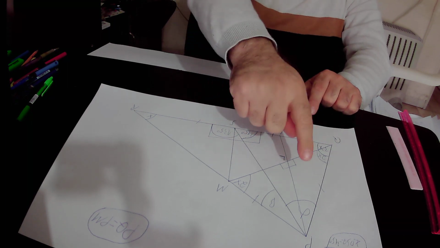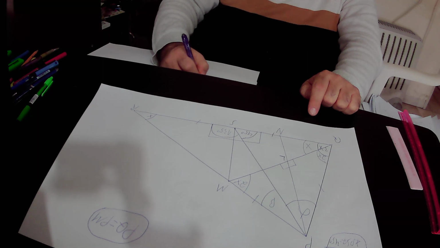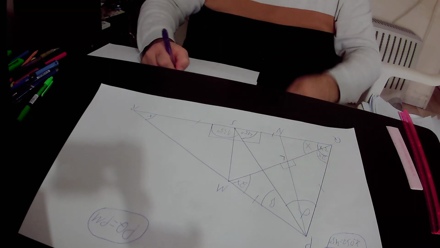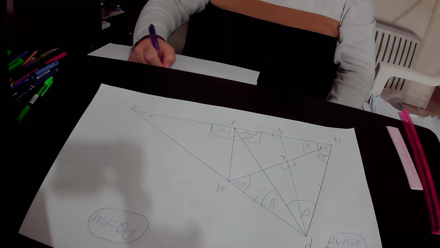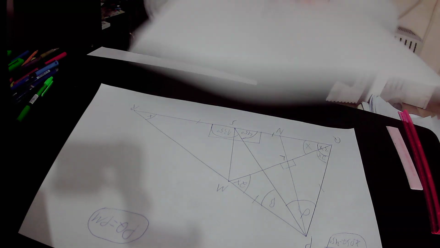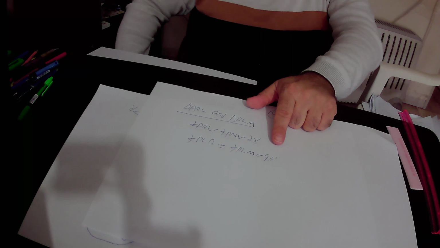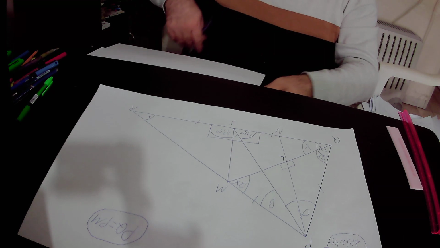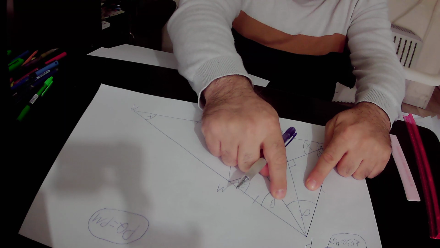So angle PLQ on triangle PLQ is equal to angle PLM, and both angles are equal to 90 degrees. Those two angles are also equal to each other according to the third angle theorem.